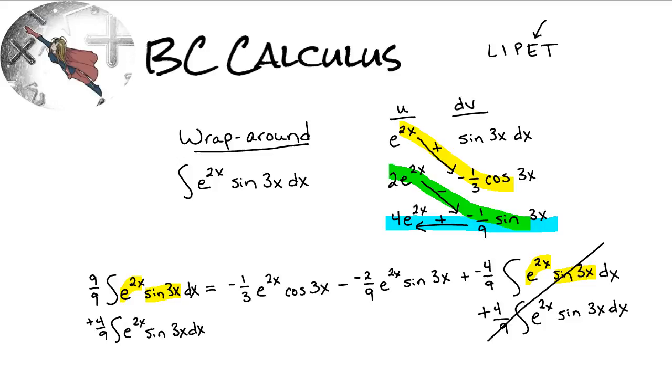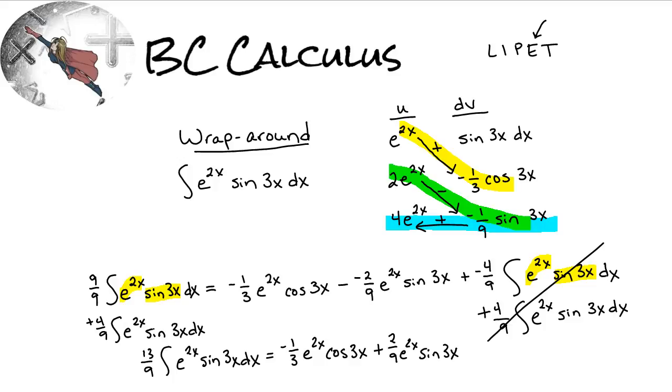So that gives me altogether 13/9 e to the 2x sine of 3x dx equals all this other stuff, negative 1/3 e to the 2x cosine of 3x, and then I'll change that to a plus 2/9 e to the 2x sine of 3x. And then we're trying to get a solution for this integral right here, because that's the same as the original problem, which is up here.